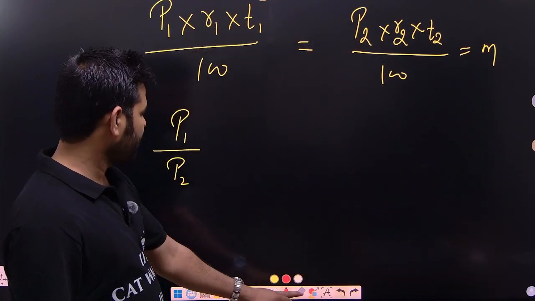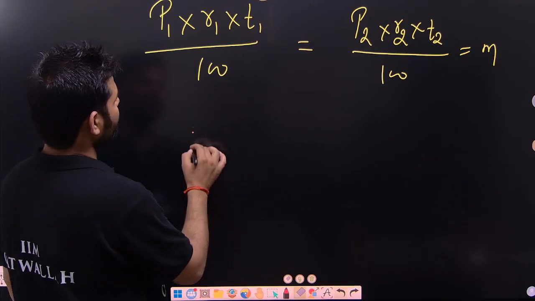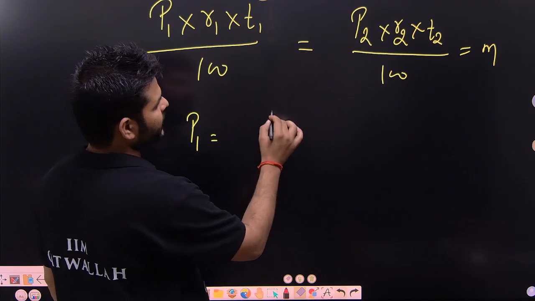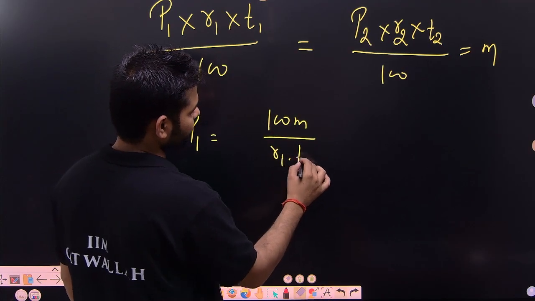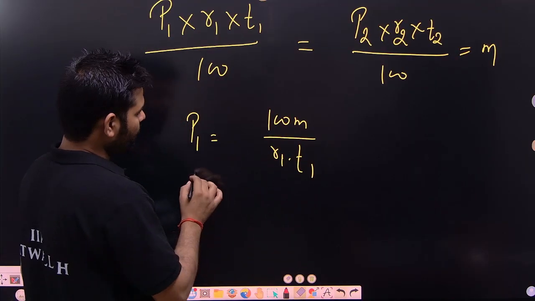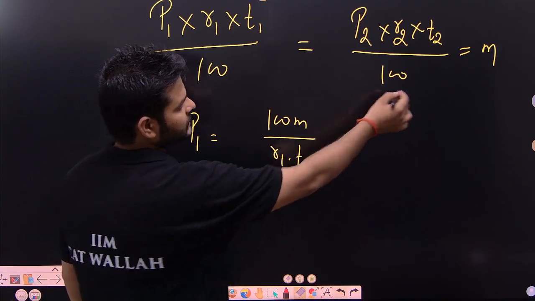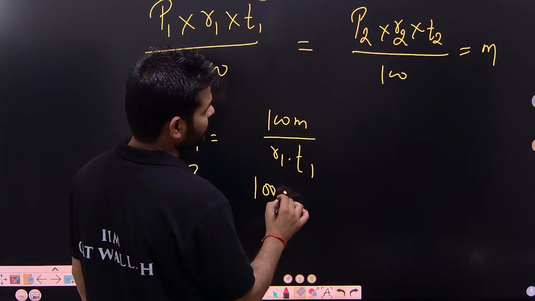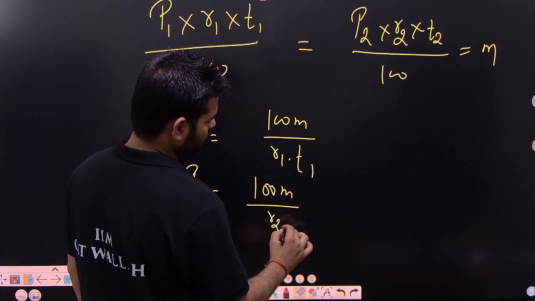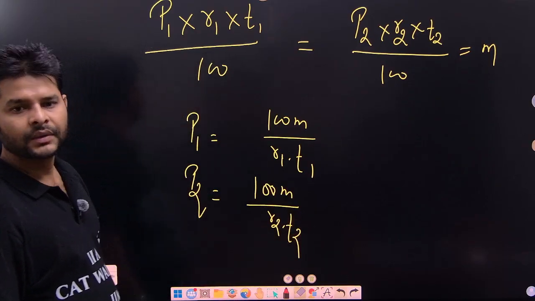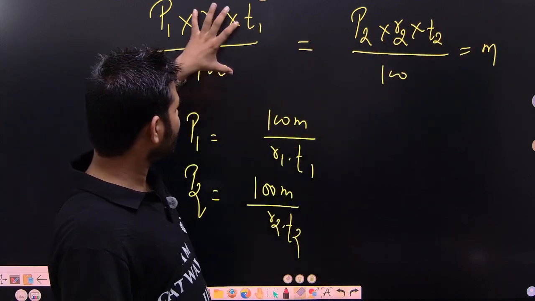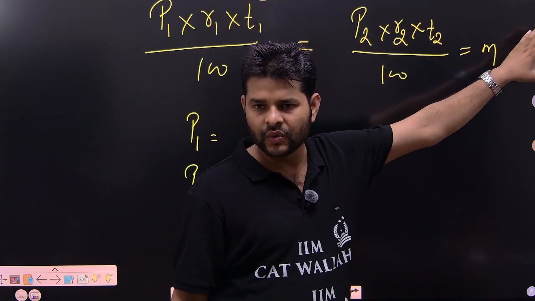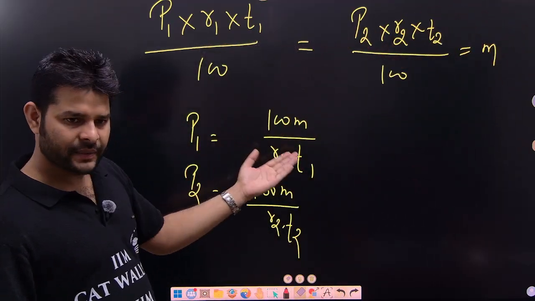So from here we can say, guys, P1 would be 100 m upon R1 into T1, and P2 means 100 m upon R2 into T2. This value and this value are equal to a fixed value. So when we equate it to m, we will get P1 and we will get P2.